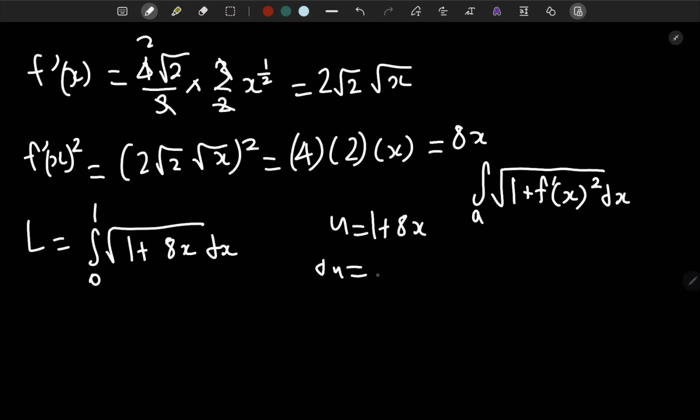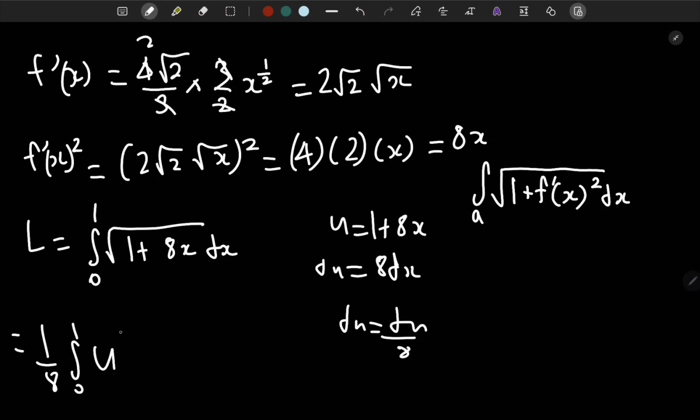So du will be equal to 8 dx, and we can replace dx with du over 8. I'm going to take the 8 outside, so we are left with 1 over 8 times the integral from 0 to 1, and I'm going to replace the radical with the power of half. So this entire thing is u, to the power of half, du.